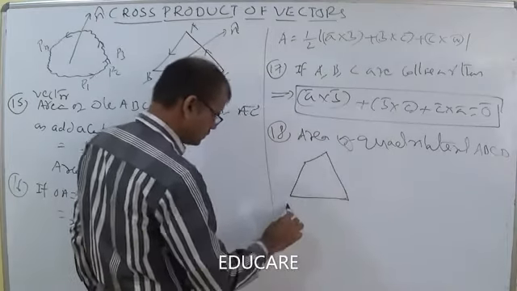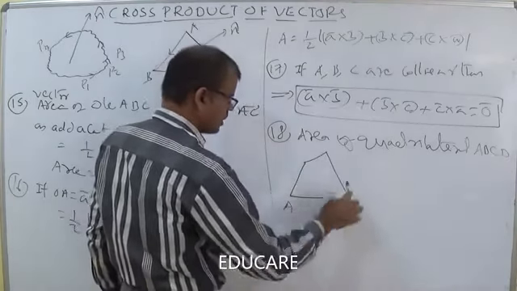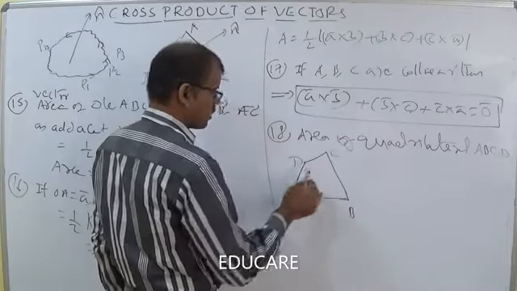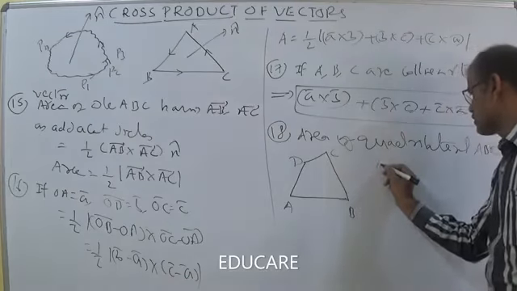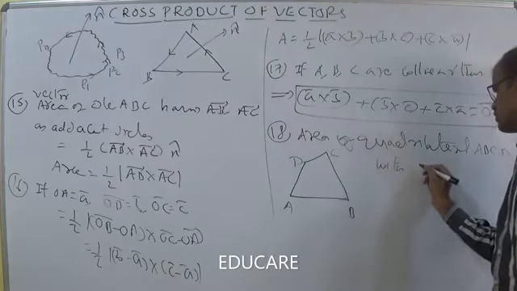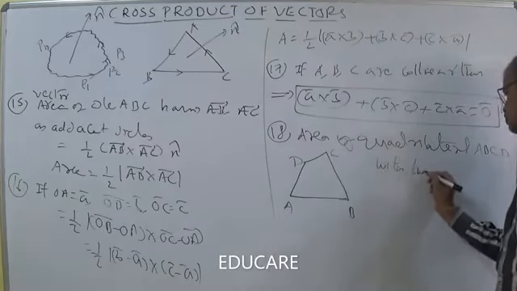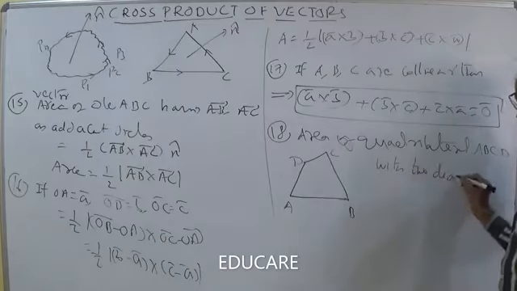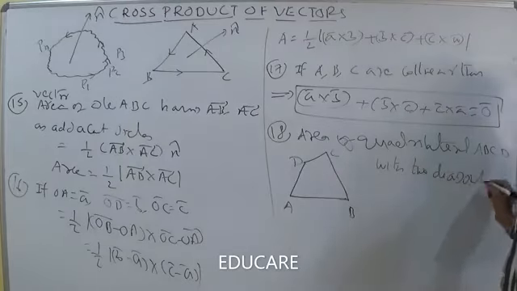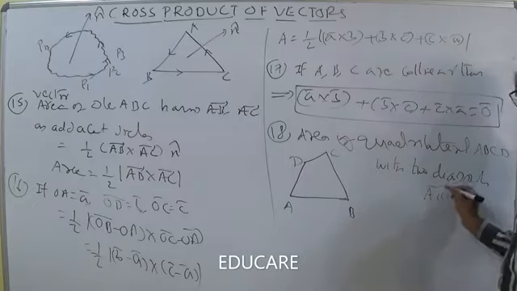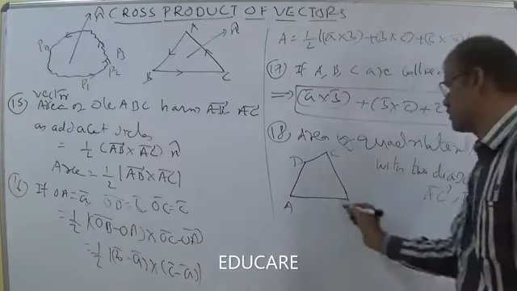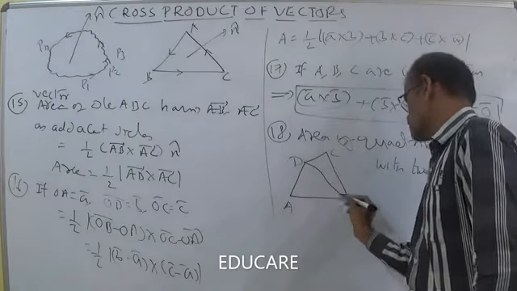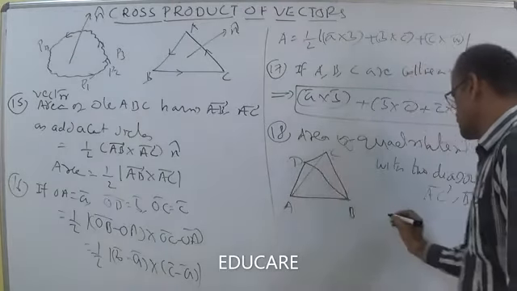Area of quadrilateral ABCD with 2 diagonals AC and BD. This is diagonal BD and this is diagonal AC.